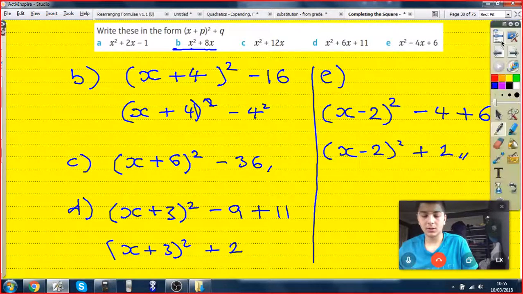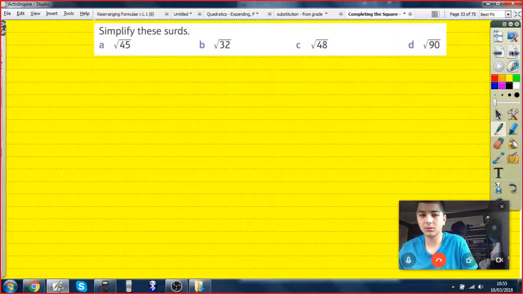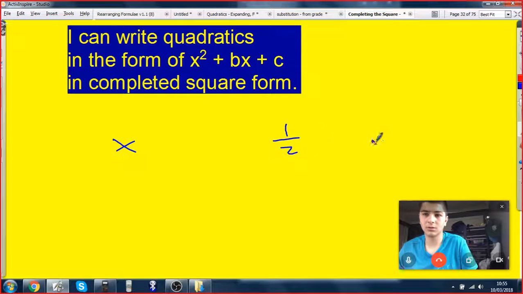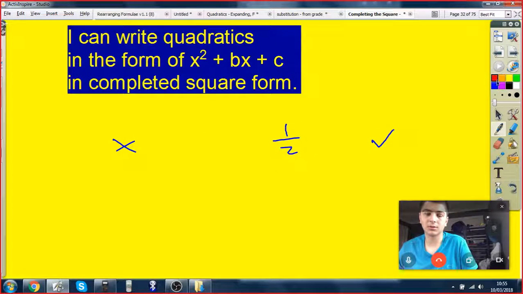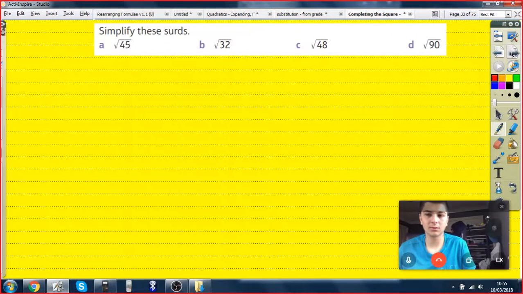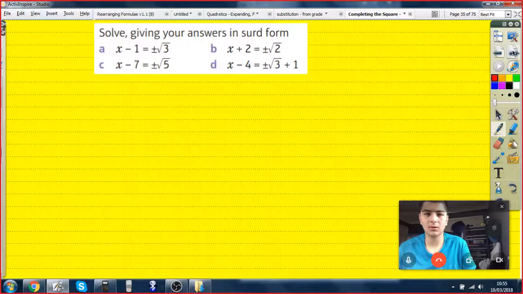No. Okay. And now, okay, so that one x a half or tick? For a half. Okay. And so what I want to do now, simplify these thirds. How would you solve A?